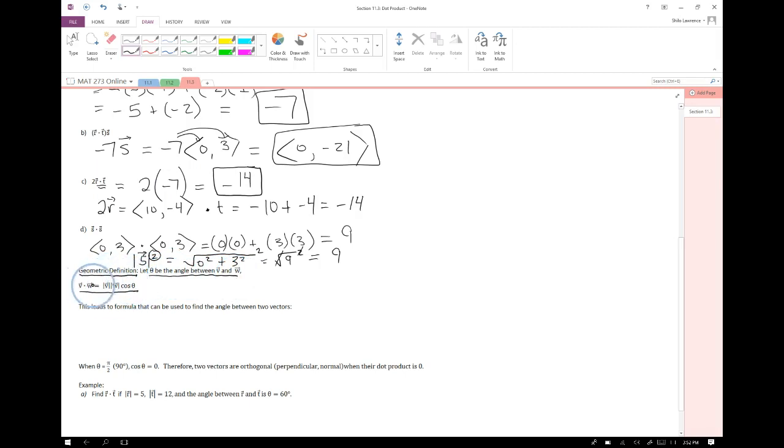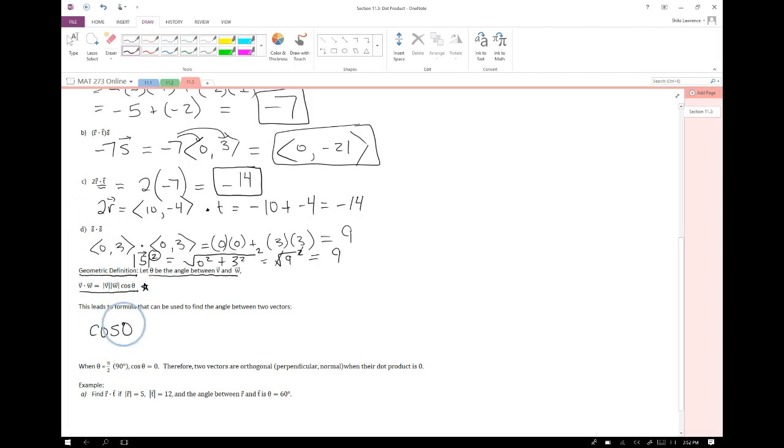We don't typically calculate dot product in this way, but this formula, if we manipulate it just a little bit, we can rearrange it so that it gives us a formula to calculate the angle between two vectors if we have those vectors in component form. So I'm going to isolate the cosine theta here, and to do that I'll have to divide over those two magnitudes.